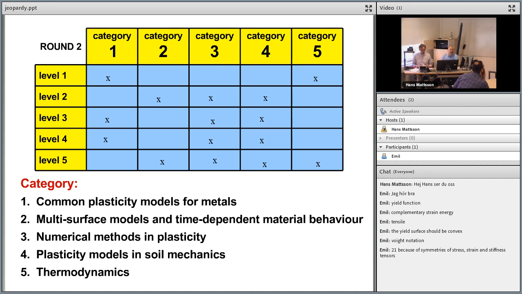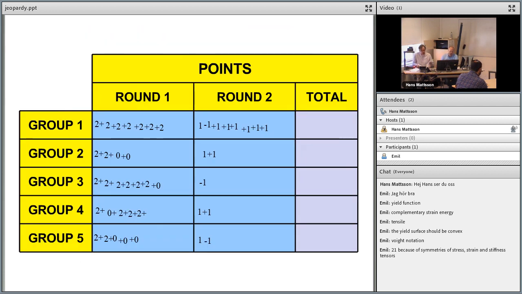What do you choose? Category 2, level 1.